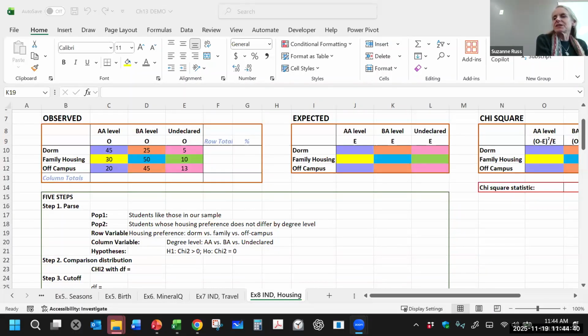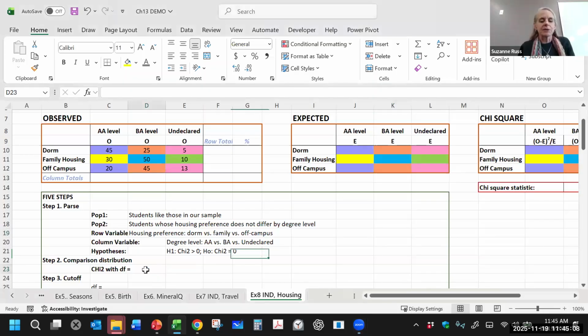Jolana, good. Easy math, guys. Shandina, what do we have? Yeah, we have 4 because we have 3 rows minus 1 is 2, 3 columns minus 1 is 2, 2 times 2 is 4. DF equals 4.